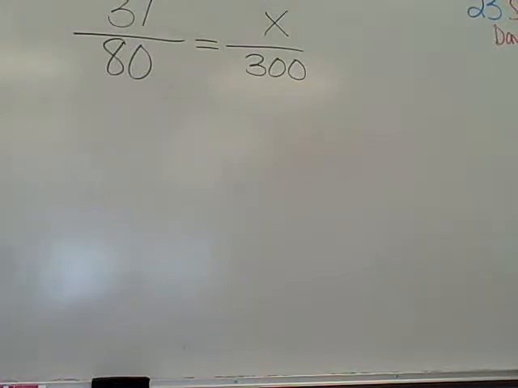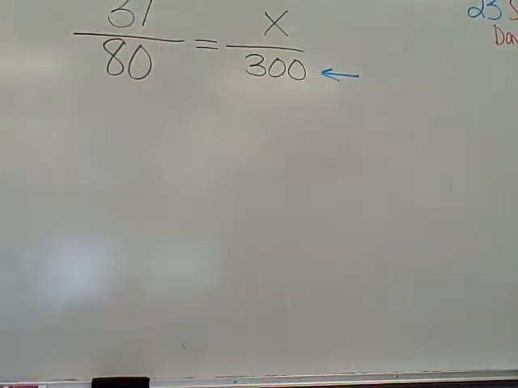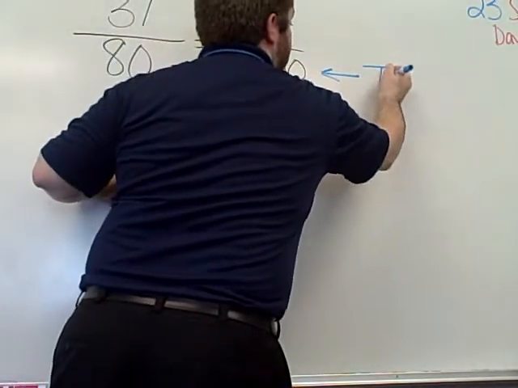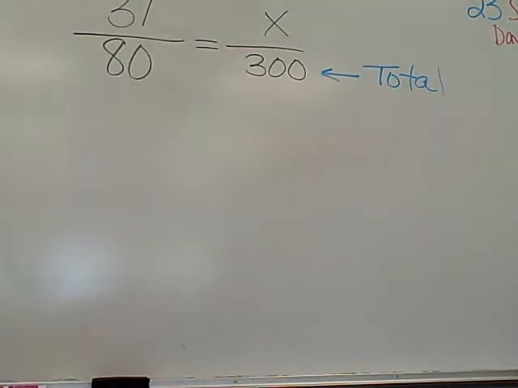Okay. Here's how it works. Your bottom denominator, in this case, is going to be the total. So we've added up on this denominator the ratio, so that's a total.